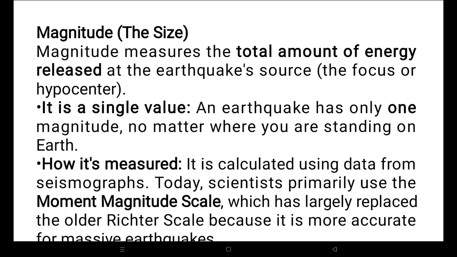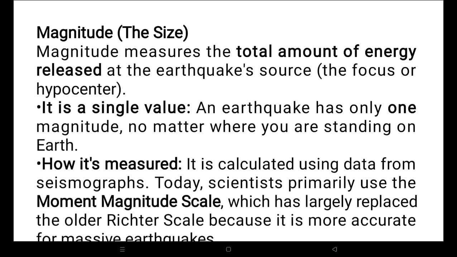The brightness of the bulb is known as magnitude. And suppose you are standing near the bulb, how much heat you are experiencing is known as intensity. In simple words, that is the difference between magnitude and intensity.